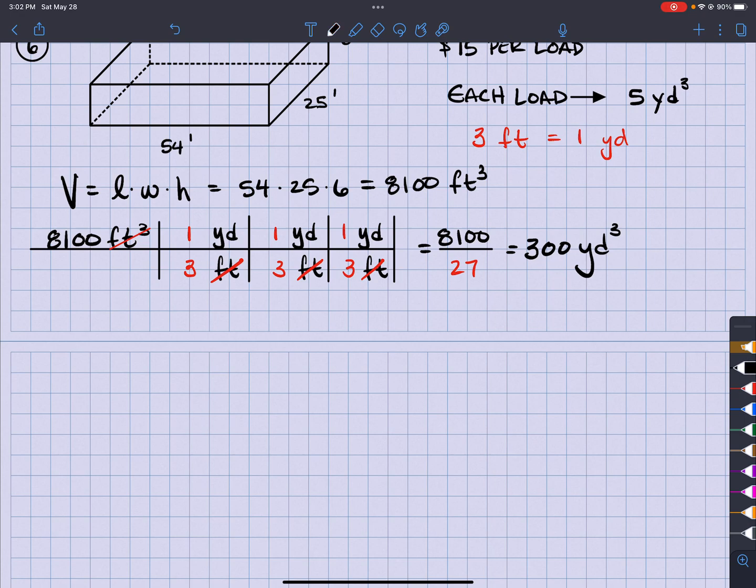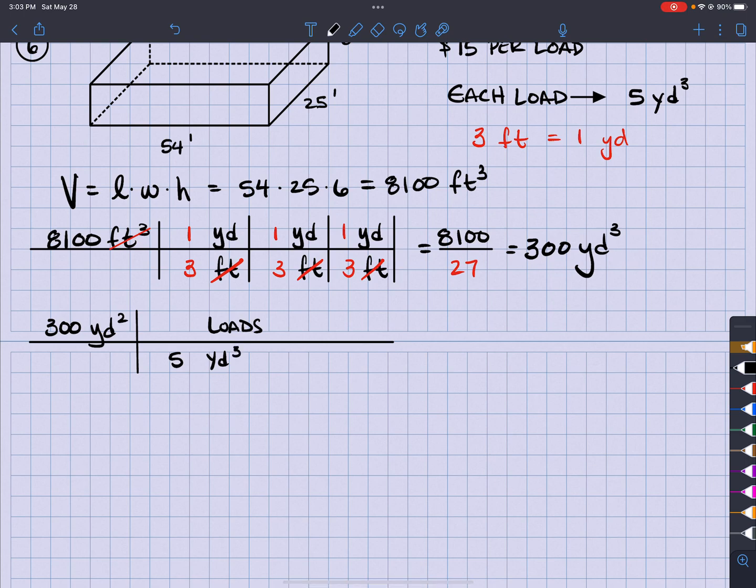So let's go ahead and make another table. And we have 300 cubic yards. And I want to know how many loads that will be.